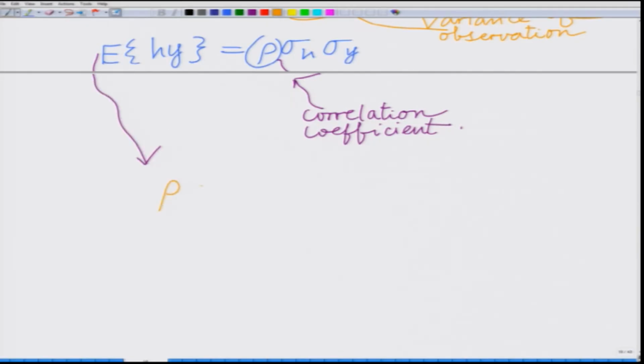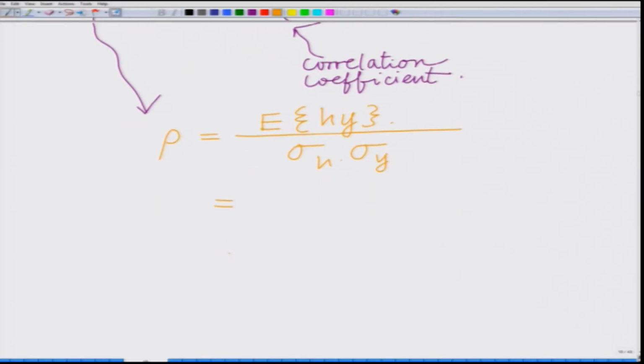The correlation coefficient is defined as rho equals the cross covariance, expected value of h y, divided by sigma h into sigma y, that is, the product of the standard deviations. Sigma h square is the variance, sigma h is the standard deviation of h, sigma y square is the variance of y, and sigma y is the standard deviation of y.